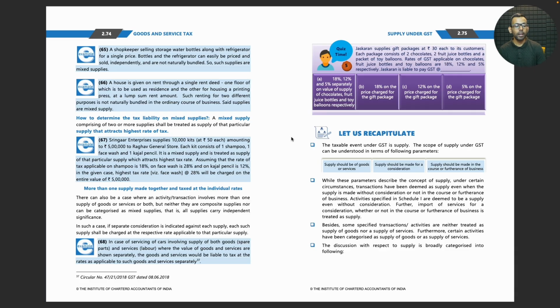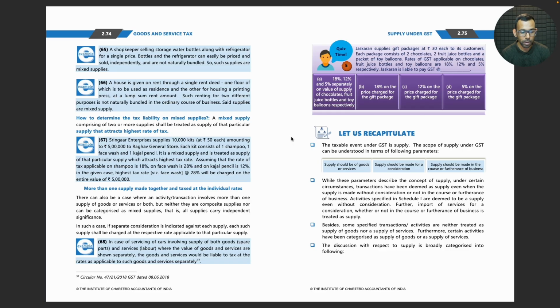More than one supply made together and taxed at the individual rates. There can also be a case where an activity or transaction involves more than one supply of goods or services or both, but neither they are composite supplies nor can be categorized as mixed supplies, and that is, all supplies carry independent significance. In such a case, separate consideration is indicated against each supply.